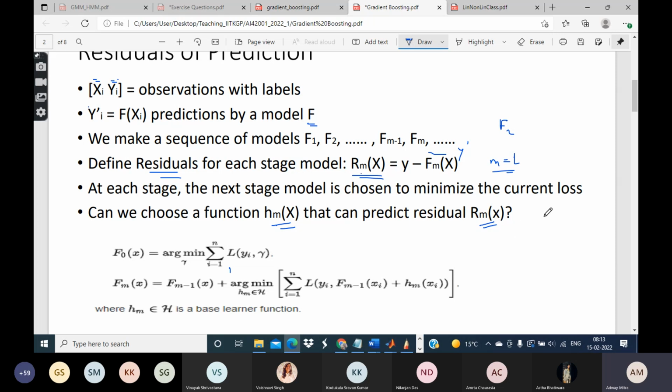So if we write down, the actual value is y. Let me write it separately.